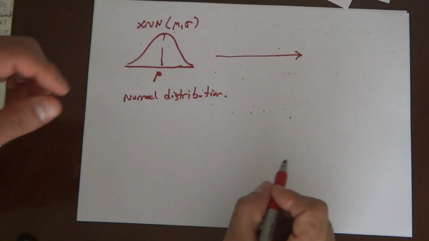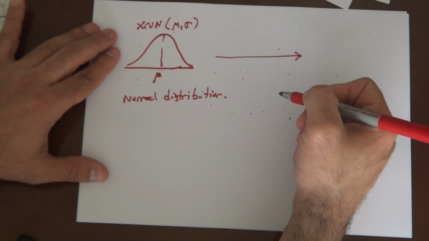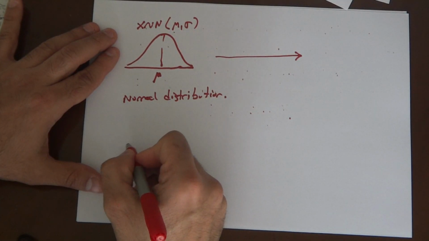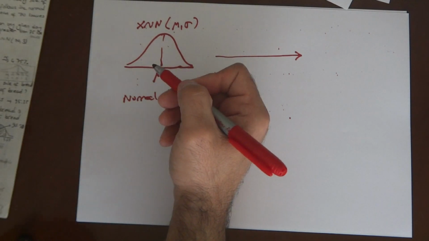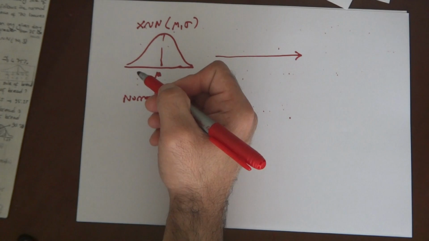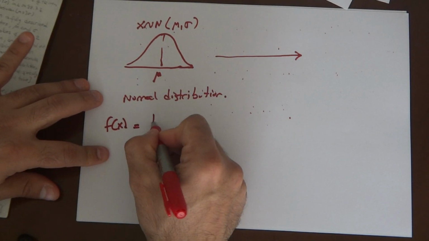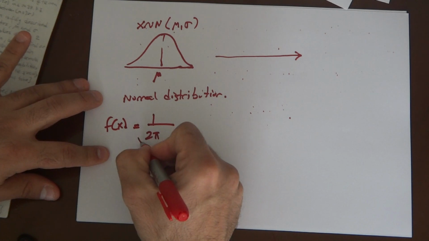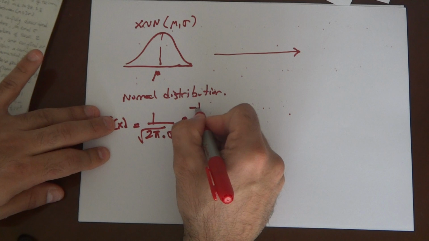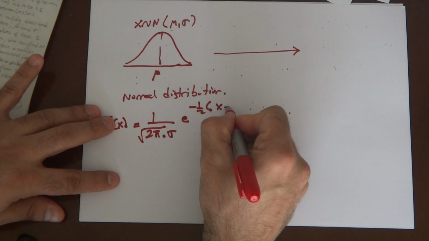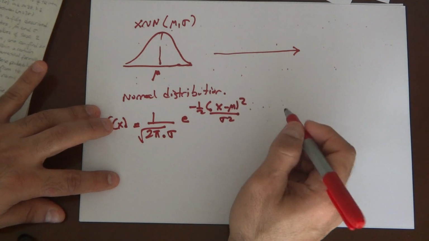Okay, remember, if we don't have the standard normal distribution, then we have to use the probability function f of x equals 1 over the square root of 2 pi times sigma, e to the power negative 1/2 times (x minus mu) squared divided by sigma squared.